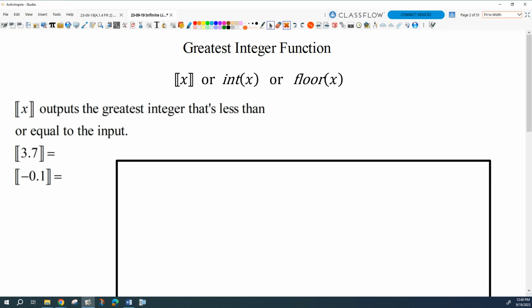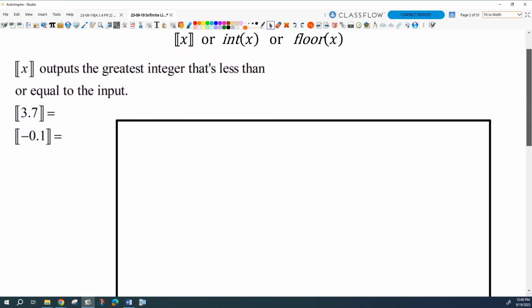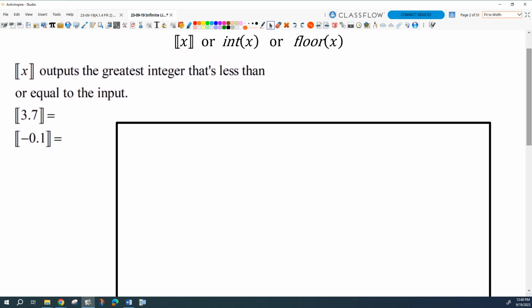Okay, so let's try. You tell me what the outputs are associated with these inputs. What's the greatest integer function evaluated at 3.7? What's the greatest integer that's less than or equal to 3.7? 3. Okay, agreed.